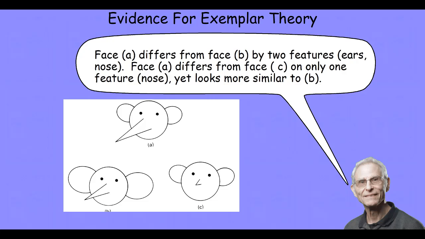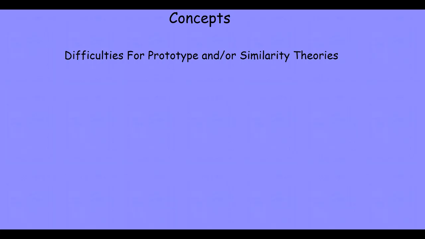In fact, the subjects said that A was most similar to B. So this suggests that there was something else going on besides just independent and additive features when we're doing similarity judgments. And in fact, this particular experiment illustrates one of the general difficulties for prototype theory. And we're going to talk about a number of difficulties for prototype theory and for similarity theories generally.